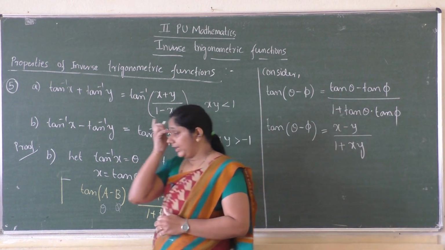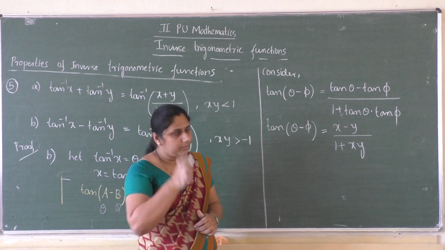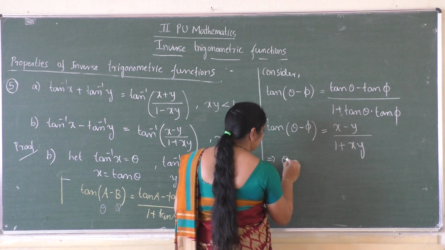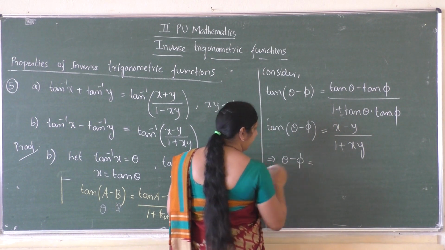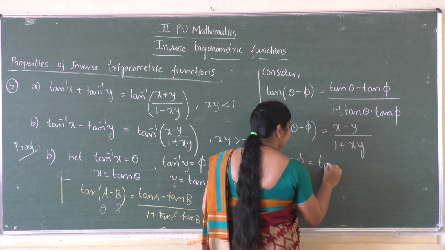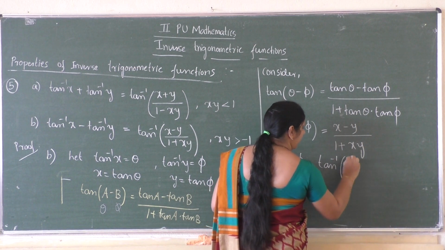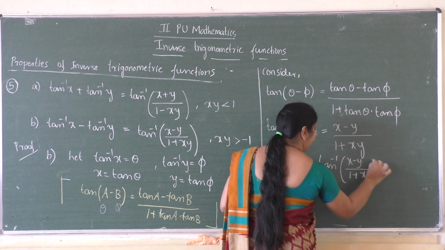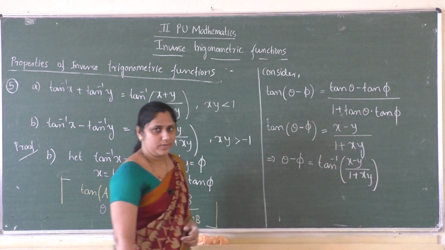Now if tan theta equal to x, then theta will be tan inverse x. From this we can write theta minus phi equal to tan inverse of x minus y by 1 plus xy.